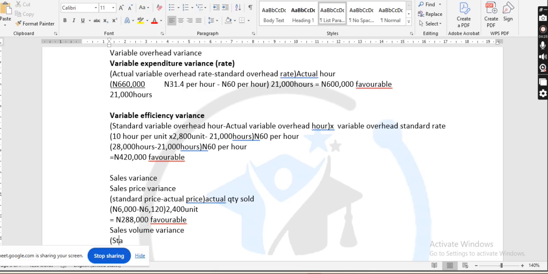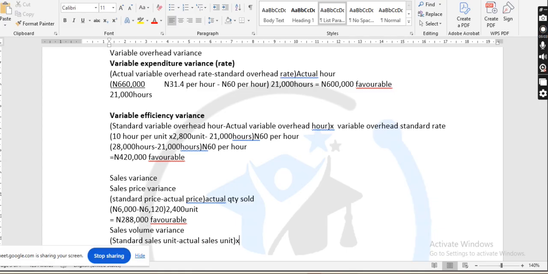Standard sales units minus actual sales units, times. Don't worry, we'll also do the other variance later.